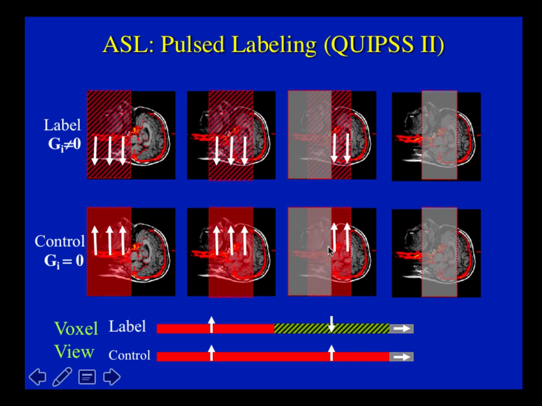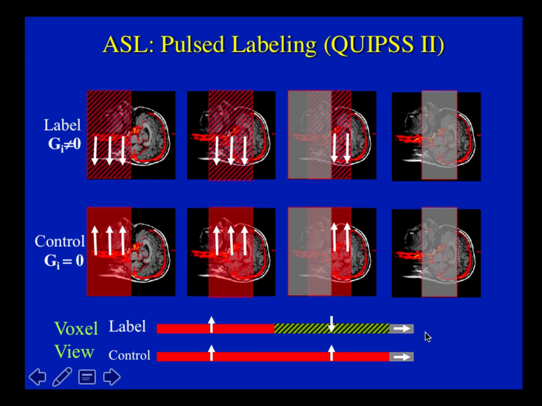The rest of the experiment remains the same, and in the control condition we leave the blood that flows into the tissue unaffected. So if you look at the status of the blood arriving at the voxel in the control condition, throughout the whole experiment, the blood that arrives at the voxel has longitudinal magnetization along the z-axis.